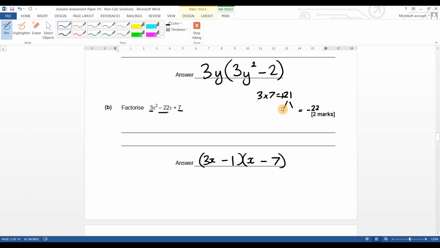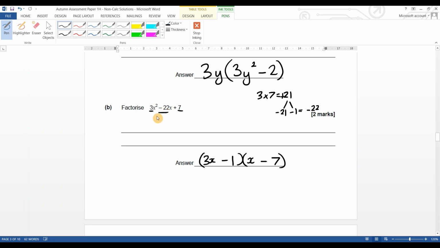So two numbers that multiply to give you 21 and also add to give you minus 22. So it has to be minus 21 and a minus 1. Yeah, if you multiply these two together, it gives you positive 21. And when you add these together, you'll get minus 22 as well.